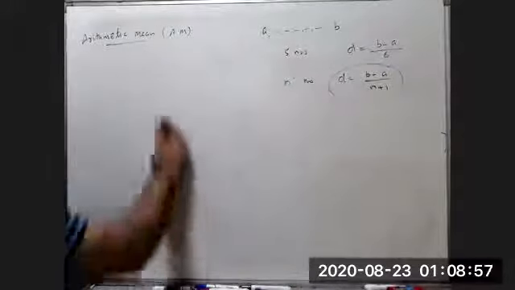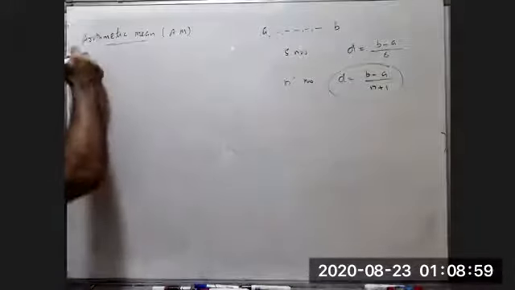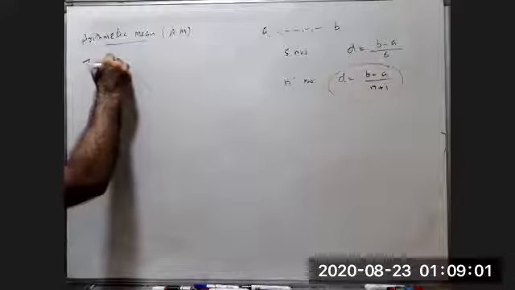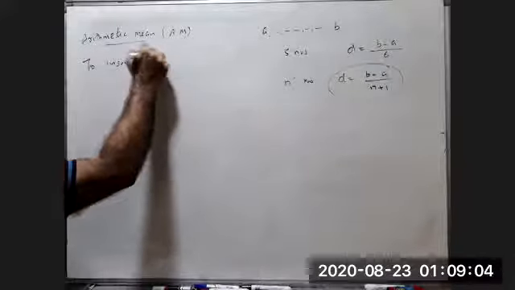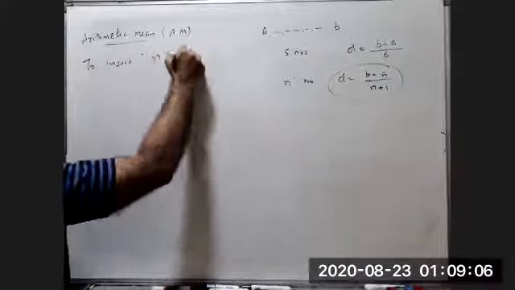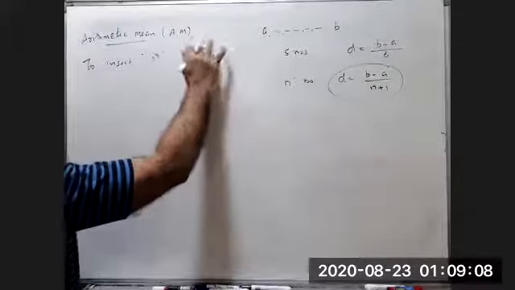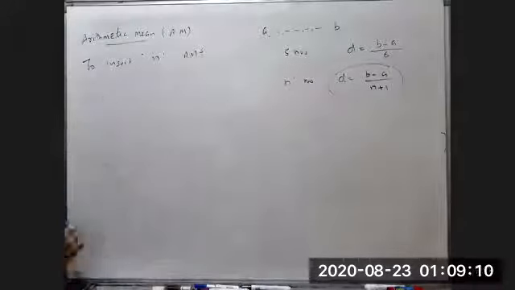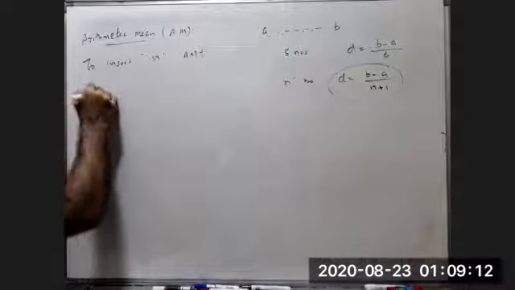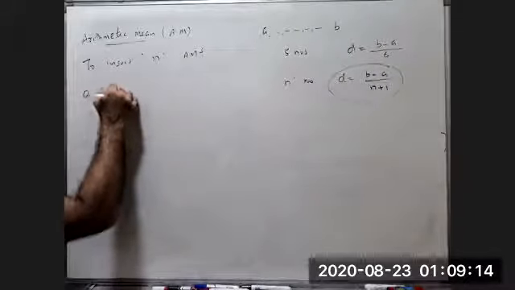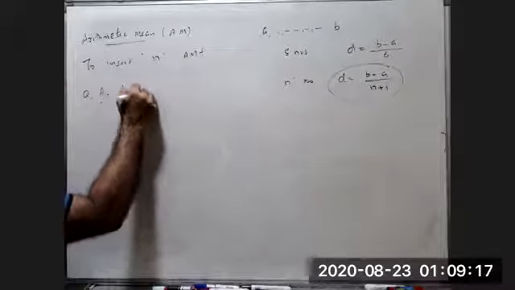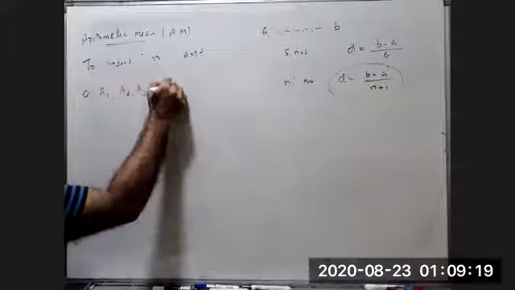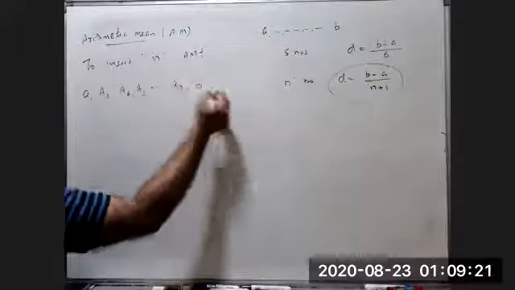Next line. To insert n AMs, A1, A2, A3, and so on up to An, then b.